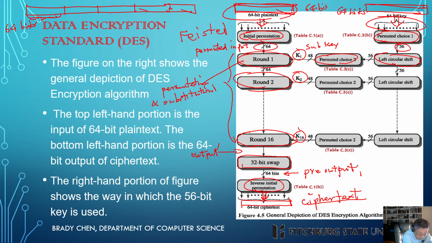The 56-bit key passes through a left circular shift, which eventually creates a 48-bit subkey. The 48-bit subkey is mixed with the plaintext side to produce a 64-bit output in each round. So that's pretty much the whole DES process.